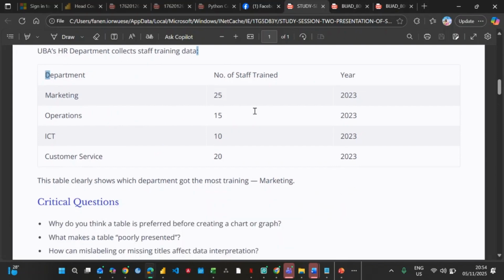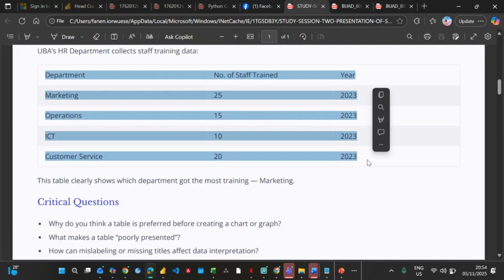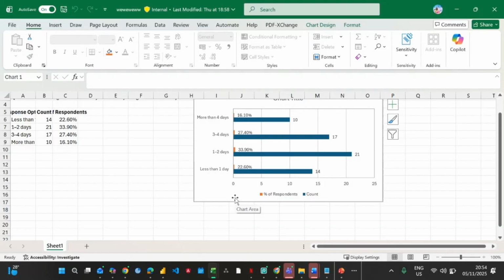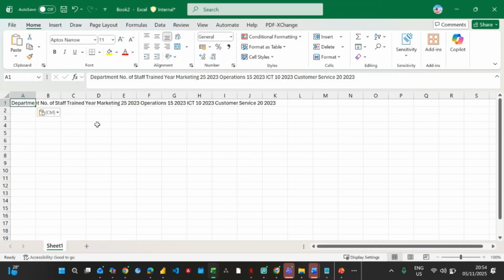For instance, in a practical way, let's assume this particular data that I have. I'm going to select this data set and bring it here. This is just an Excel sheet.